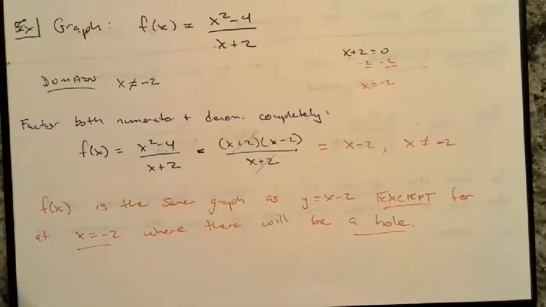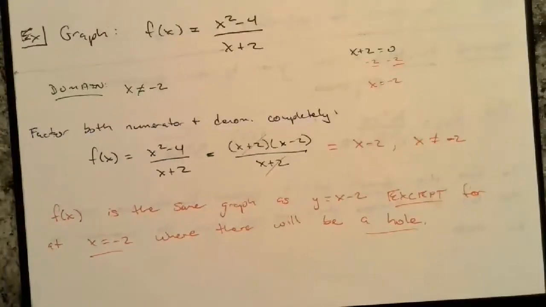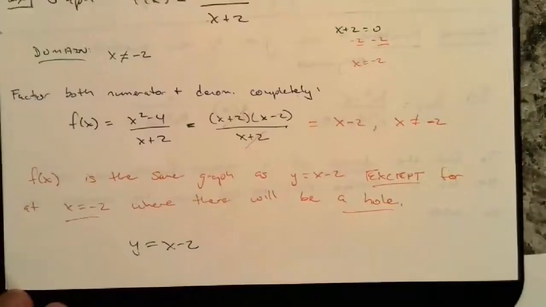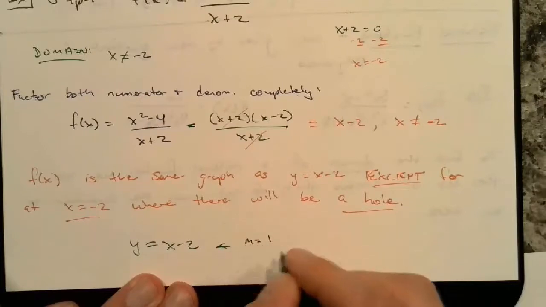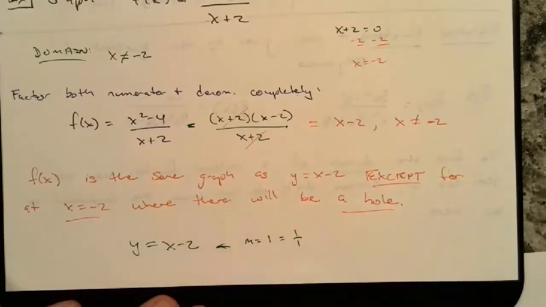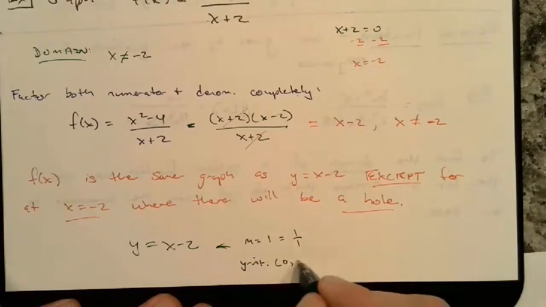So what does this look like? Well, let's do a graph here. If I was to graph this, what I'm really graphing is y equals x minus 2. What we know about y equals x minus 2 is that it has a slope equal to 1, which you can write as 1 over 1 because we're going to use the graph, and it has a y-intercept of 0, negative 2.